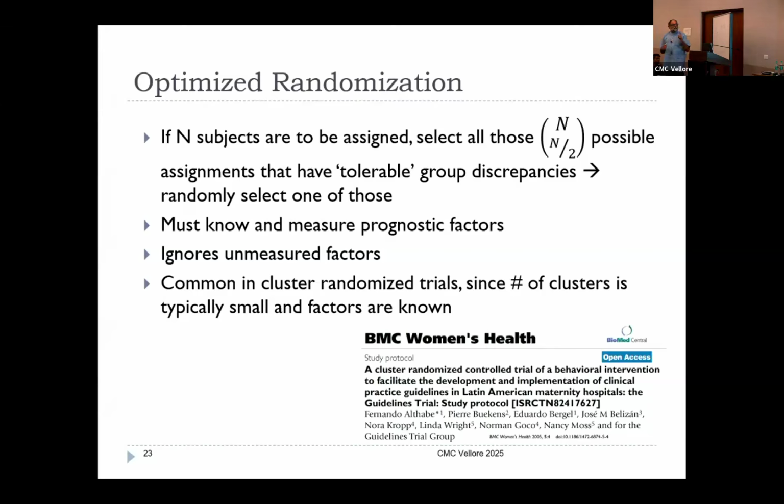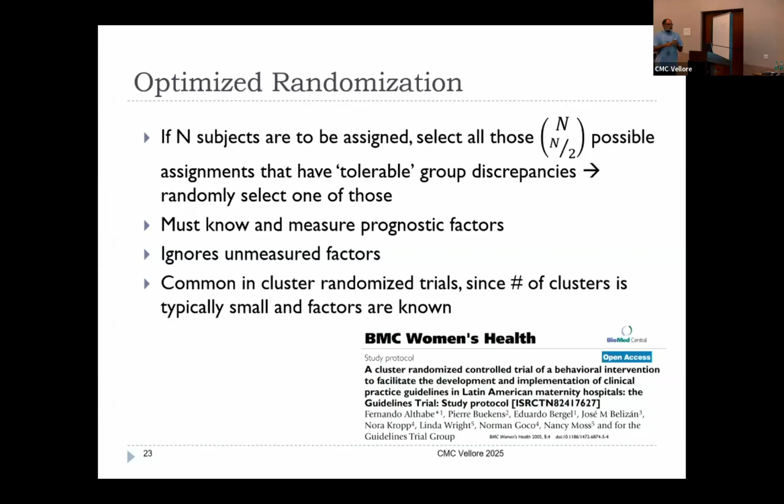Anyway, so what you do is if there are important characteristics you want to balance, like the expertise of the hospital, the years or the volume of the hospital, the experience of the OBGYN nursing staff, the experience of the OBGYN physicians, urban or rural hospital, etc. They figure out some key characteristics.